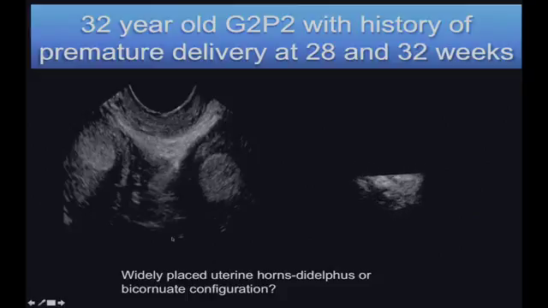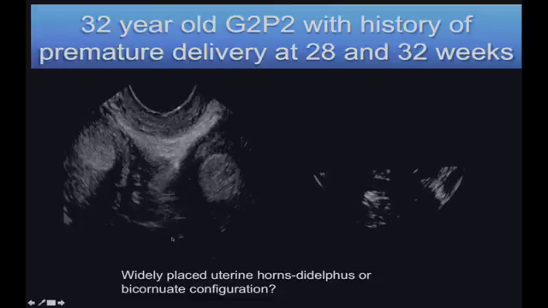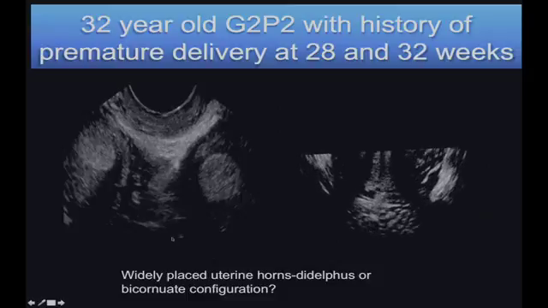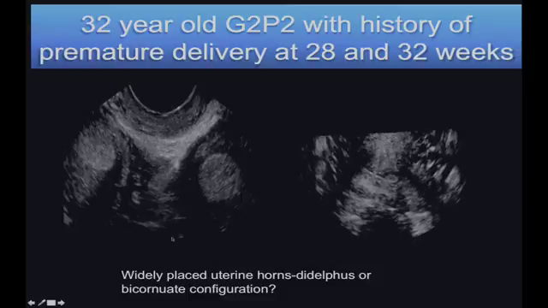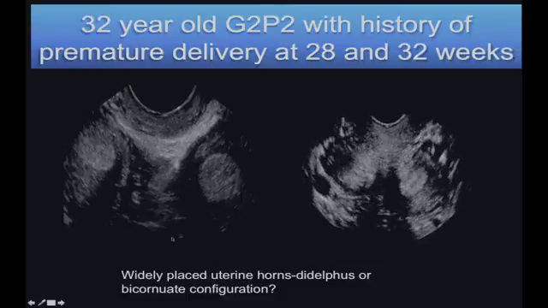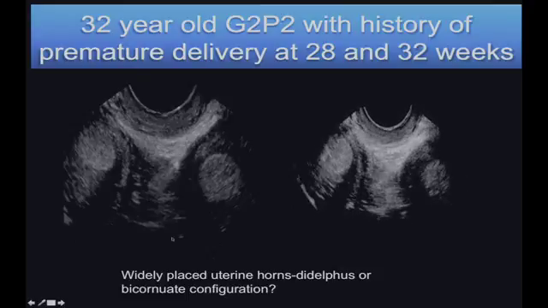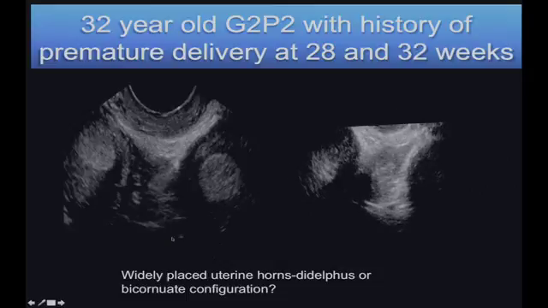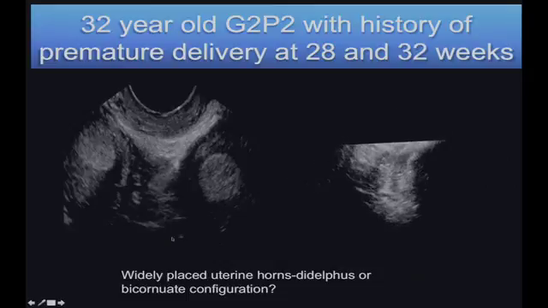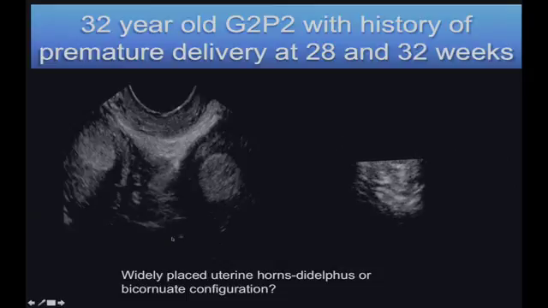And I'm showing you this sweep through the uterus in the transverse plane just to show you how difficult it is by 2D imaging in this transverse plane to really determine which it is. Are there really two separate horns here, or is this a bicornuate uterus? We really can't tell, although we do know that there is some separation of horns.